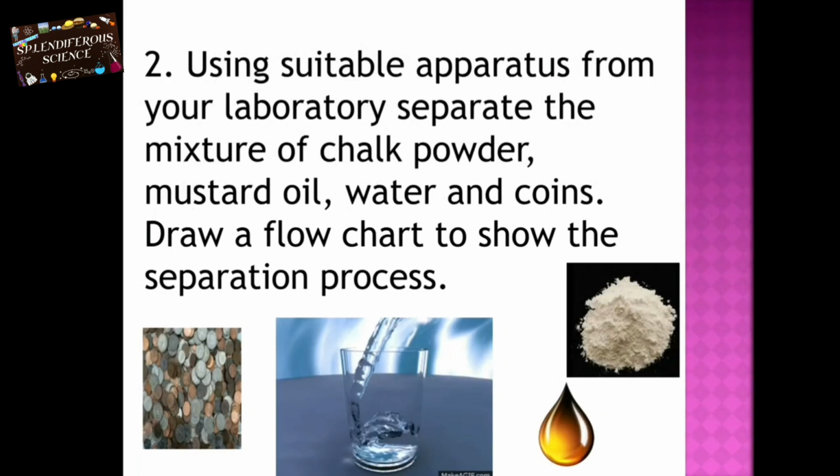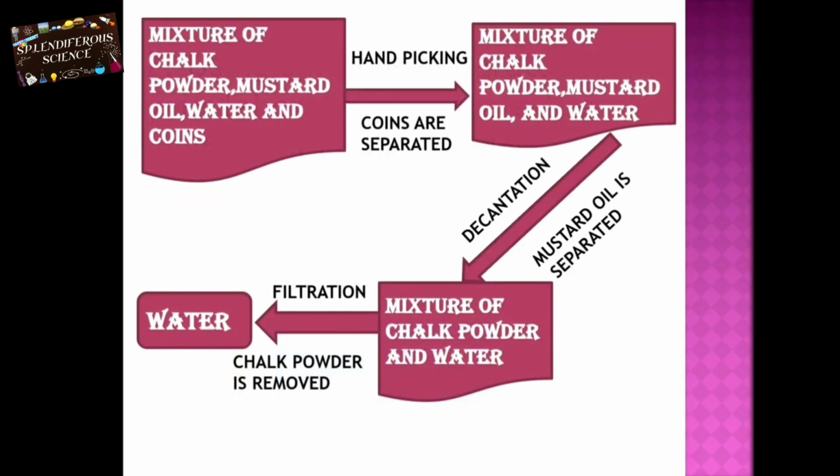Second question, using suitable apparatus from your laboratory, separate the mixture of chalk powder, mustard oil, water and coins. Draw a flow chart to show the separation process. First, we have the mixture of chalk powder, mustard oil, water and coins.